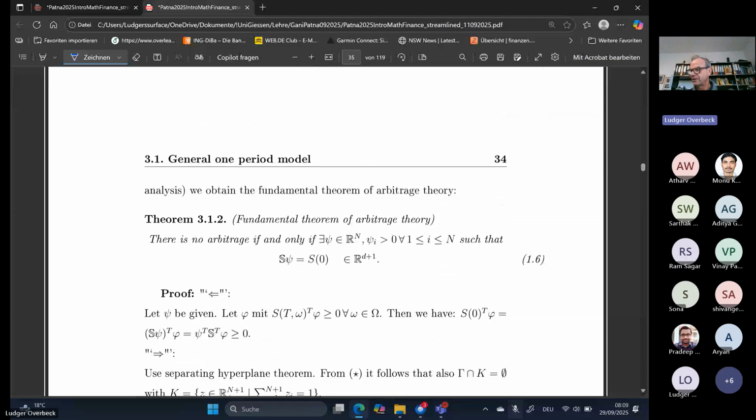So that you have this vector psi in R^N, where N is the number of states, omega 1 to omega N, the different potential states.